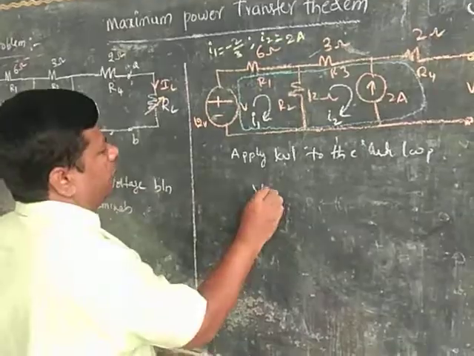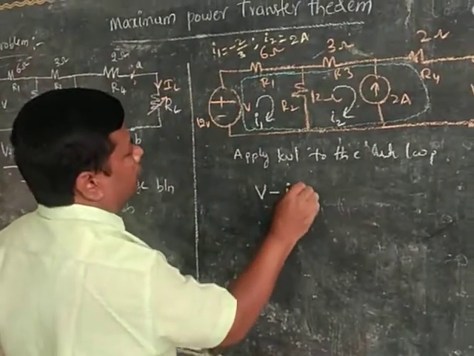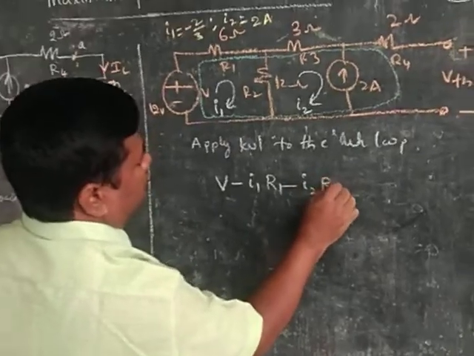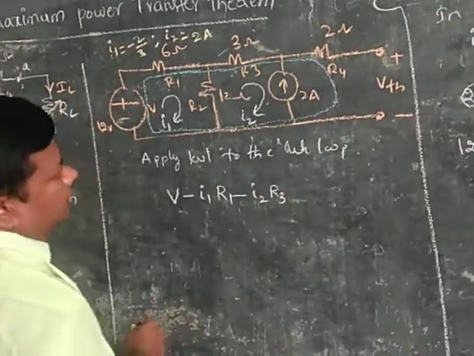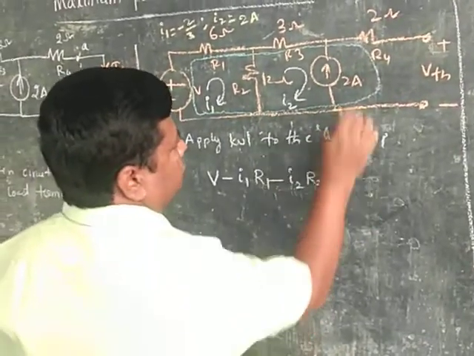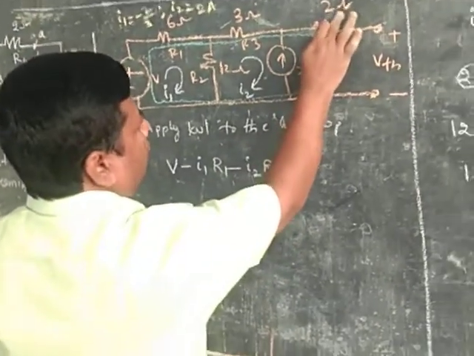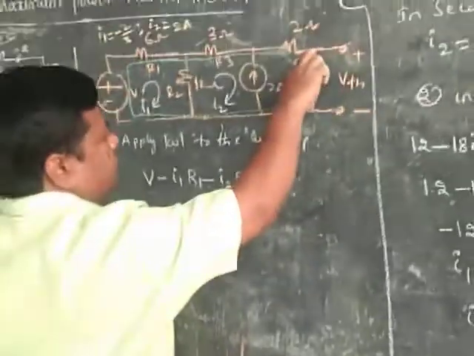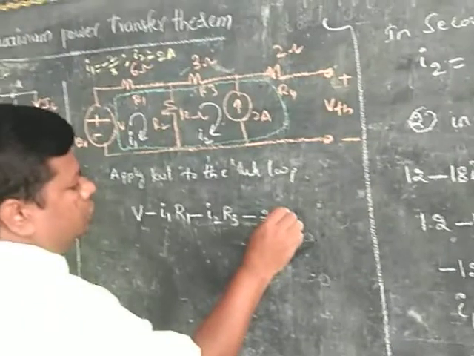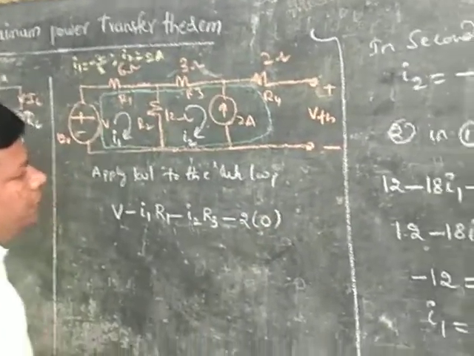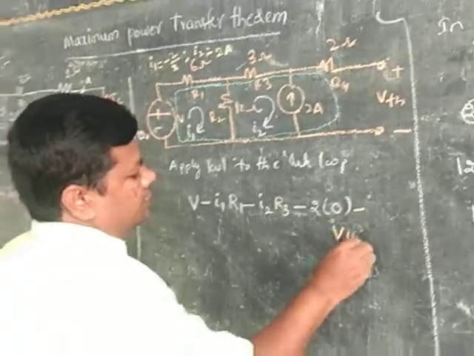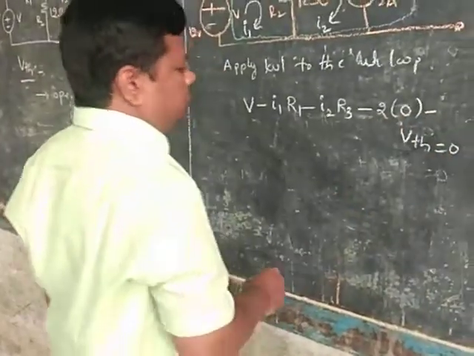Outer loop: V minus I1 R1 minus I2 R3 minus, there is no current flowing through the 2 ohm resistor. Why? Because it is an open circuit voltage. There is no current through the 2 ohm resistor, 0 current, minus V Thevenin is equal to 0.